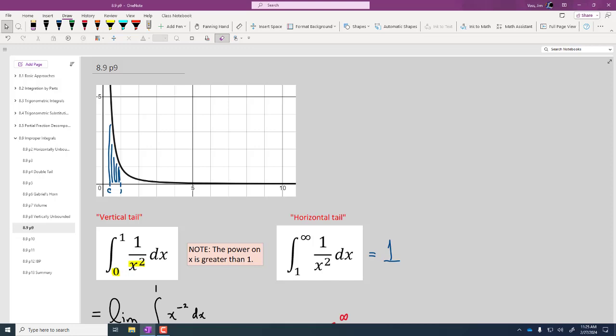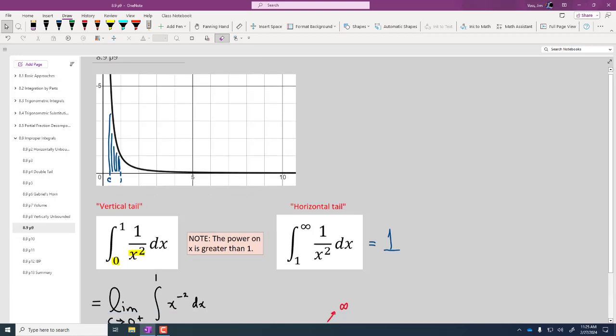The opposite is true if the power is less than 1: the horizontal tail is infinite and the vertical tail is finite. It's one or the other, and the threshold is 1. If the power is bigger than 1, we have convergence here, divergence there. If the power on x is less than 1, we have divergence there and convergence there.